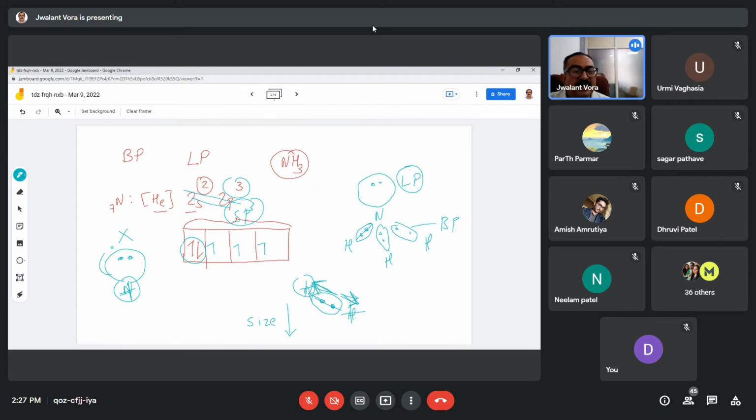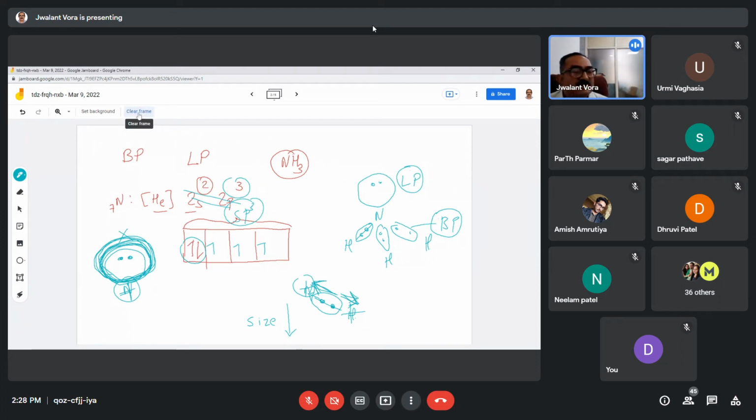So its size will be comparatively more, because on the opposite side not a single proton is present. Therefore lone pair occupies more space, bond pair occupies less space.